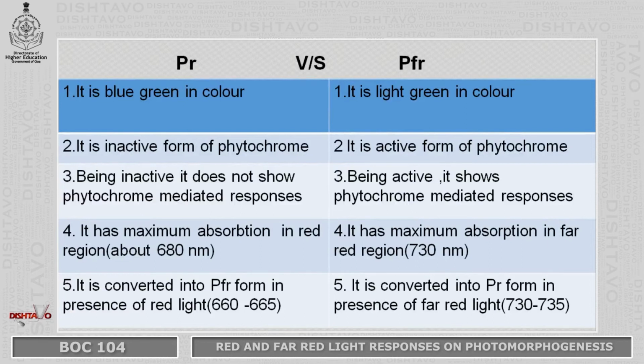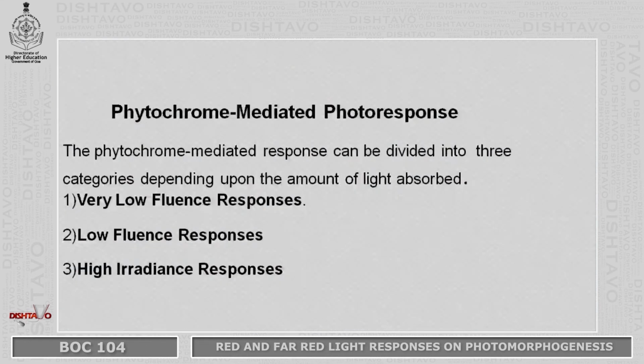Fourth, PR has maximum absorption in the red region, whereas PFR has maximum absorption in the far red region. Fifth, PR is converted into the PFR form in the presence of red light, whereas PFR is converted into the PR form in the presence of far red light.